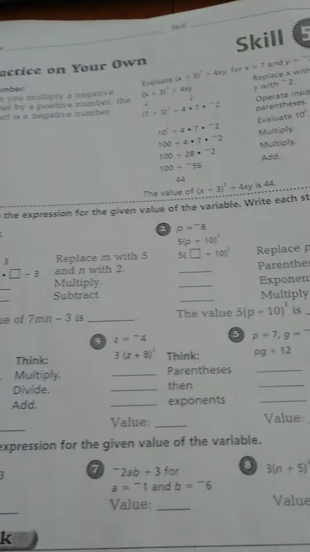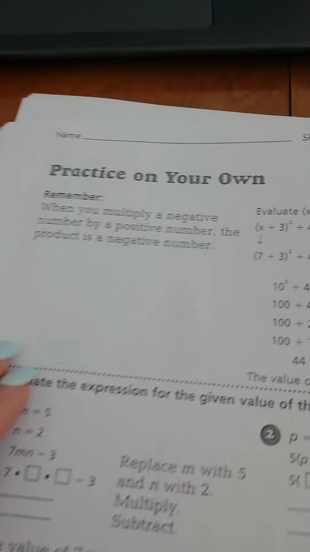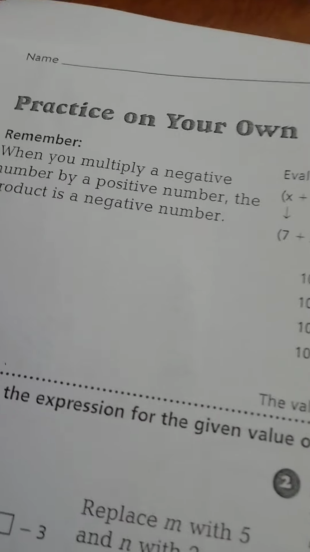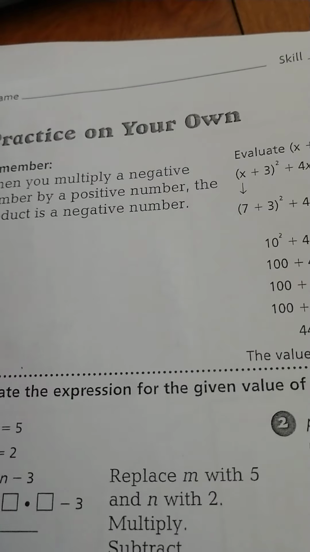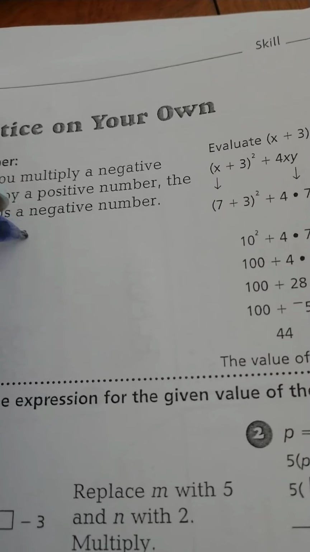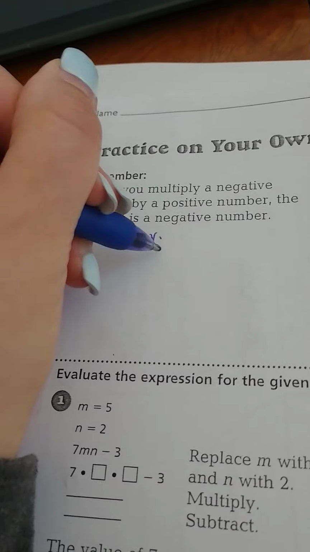If we move on to the back, okay, you guys are to work out these expressions. Just keep in mind the rules between negatives and positives. So remember, when you're multiplying or dividing, the rules are the same.